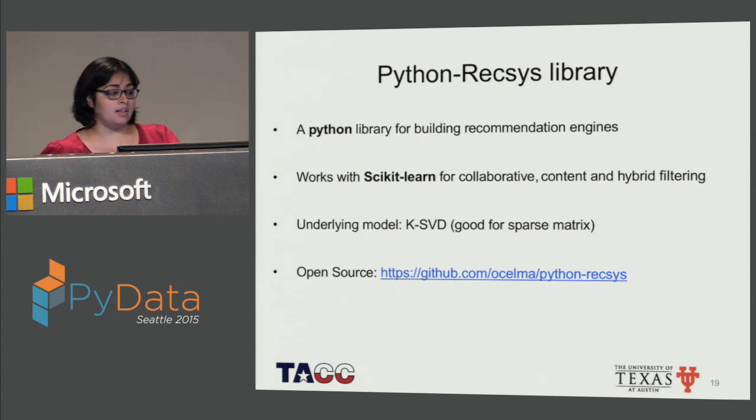It works very well with SciKit modules for collaborative filtering, content, and hybrid filtering. And the underlying module is KSVD, which is a generalization of k-means. It actually handles sparse matrix data.